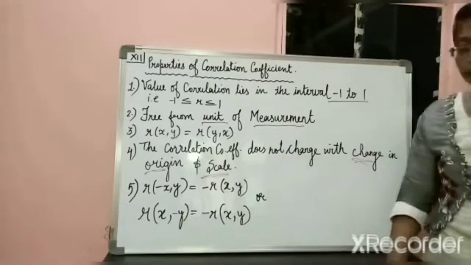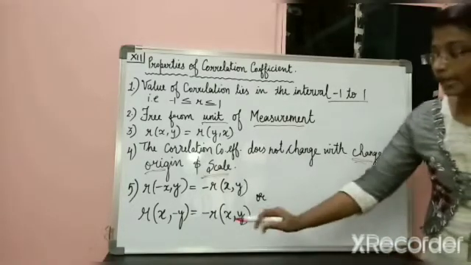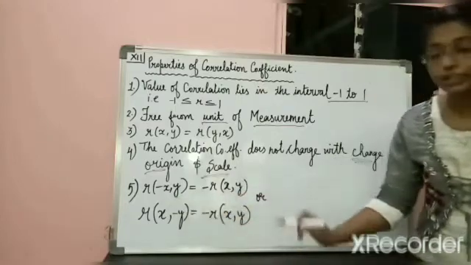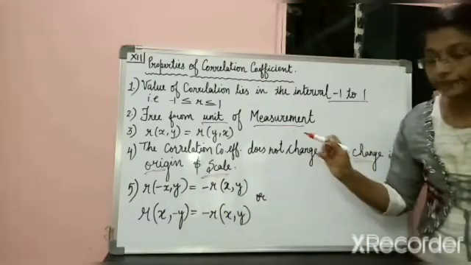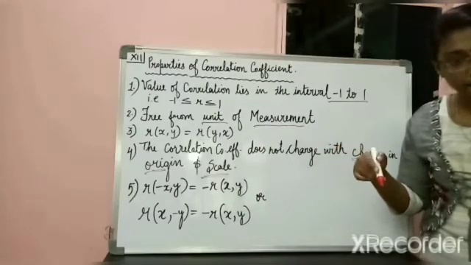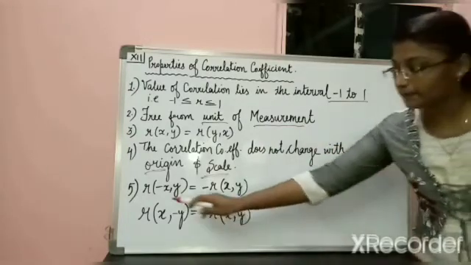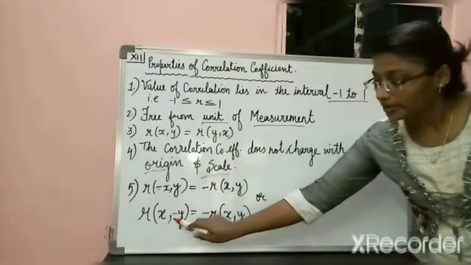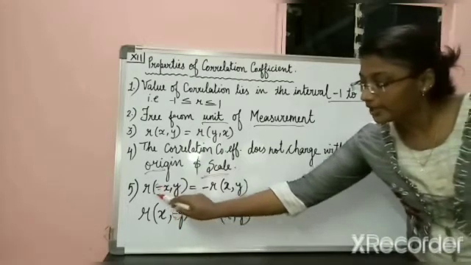Now, fifth point, what does it say? You can see I have written R of minus x and y is equal to minus R of x and y in brackets. Similarly, I have kept this minus over here. Can you see this? Minus.